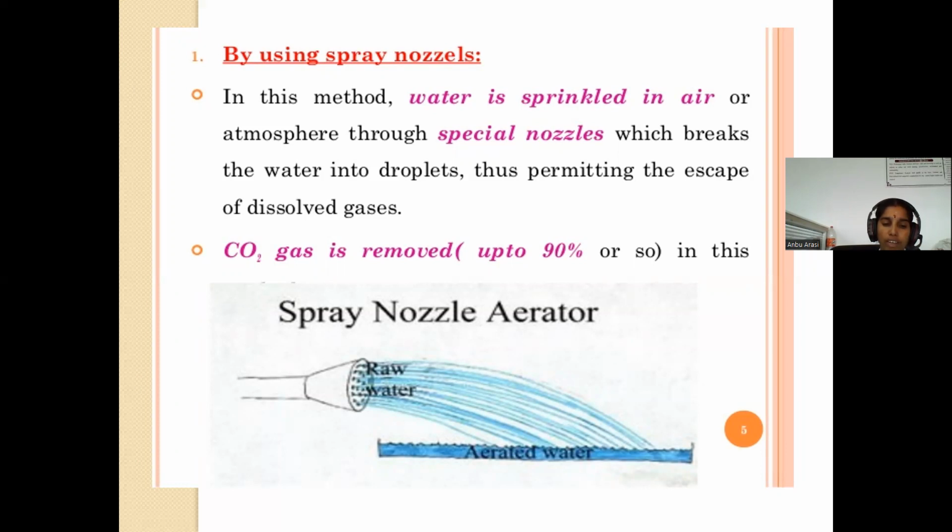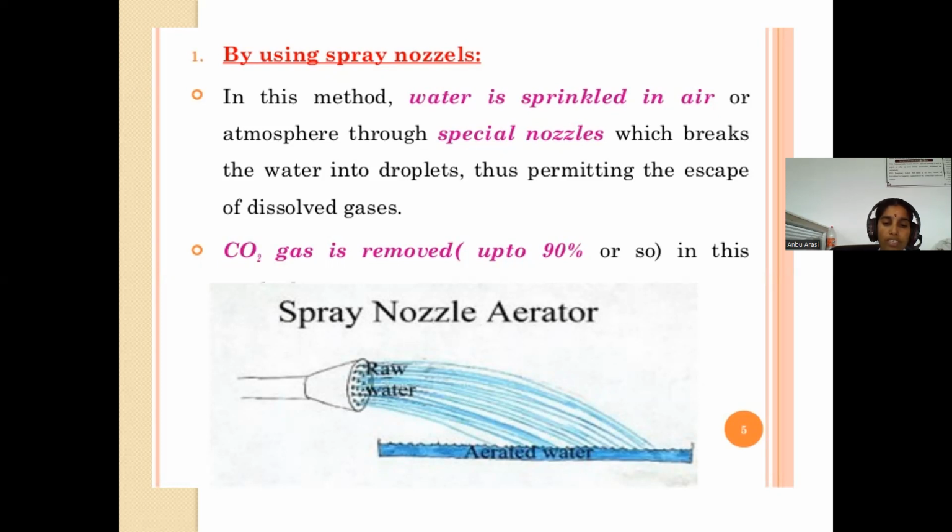The sprinkled water travels about 2 to 2.5 meters high under a water pressure of 0.7 to 1.5 kg per centimeter square.